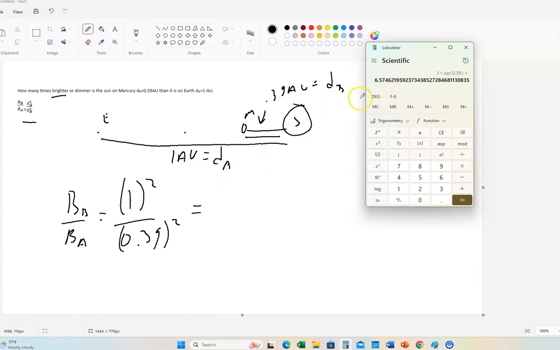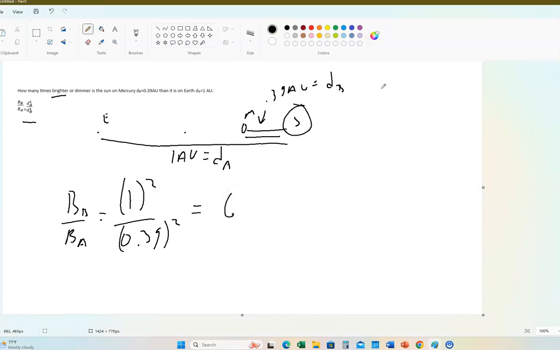So on Mercury, compared to the Earth, the sun is 6.57 times brighter. Or you would just put 6.57. If the number is less than 1, that means it's dimmer. If it's greater than 1, then it's brighter.